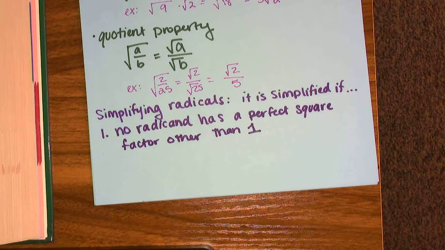So like the square root of 3 has no perfect square factor other than 1 and 3, so that one would be simplified.